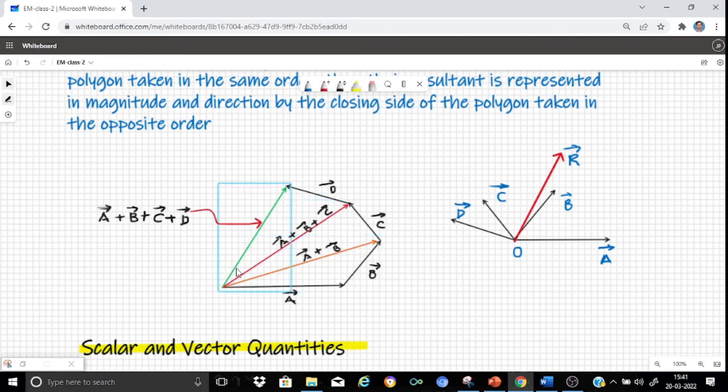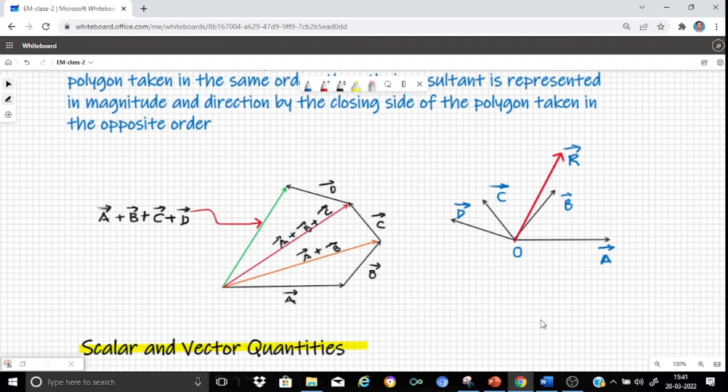We find that the third side is represented by vector A plus vector B plus vector C. Again applying the triangle law, we find that the resultant force is represented by vector A plus vector B plus vector C plus vector D. Because a polygon consists of a number of triangles, the polygon law is nothing but a combination of the application of the triangle law to each and every triangle of the polygon.